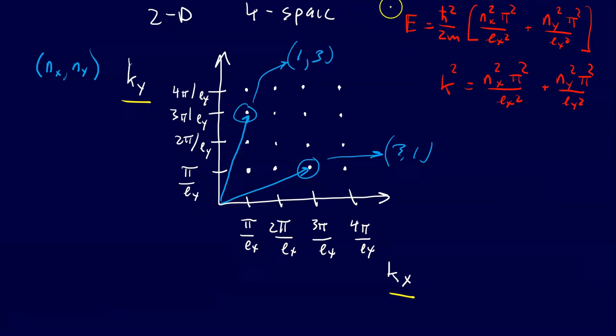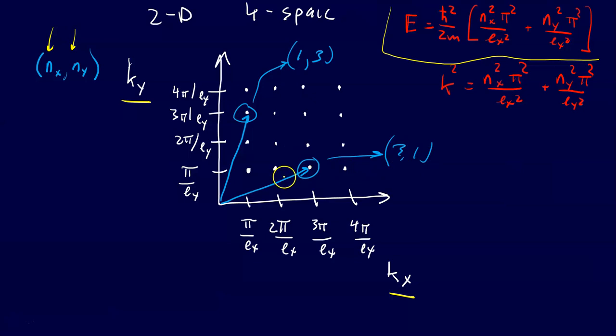And so again, the energy for our system, when it's in two dimensions, looks like this. Basically the energy is characterized by nx and ny. If you look over here, I've just circled two points. Each little point on this K-space represents a particular state that the electron could be in. Here's nx 1 and ny 3, and over here is nx 3, ny 1.